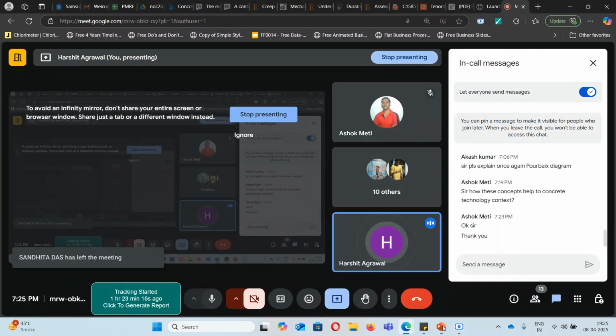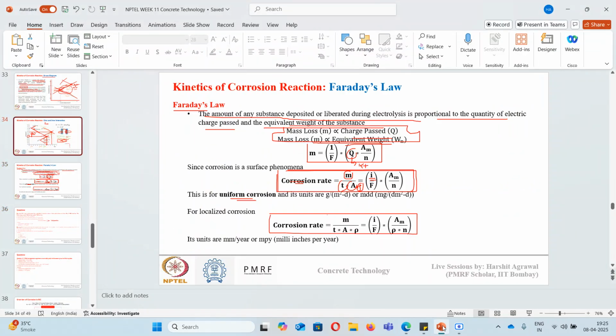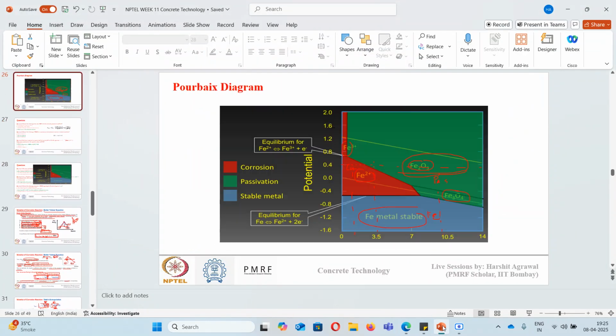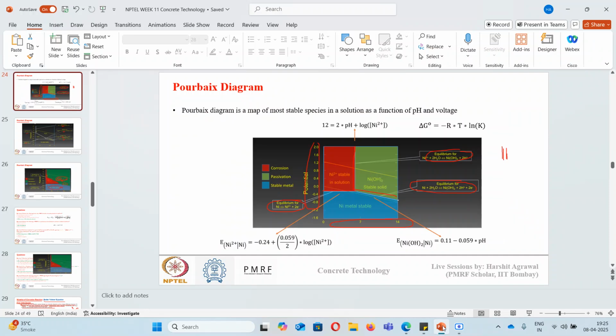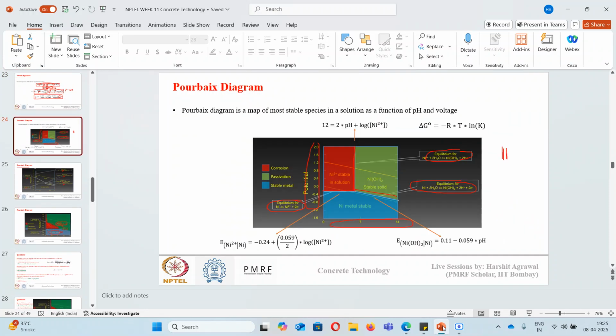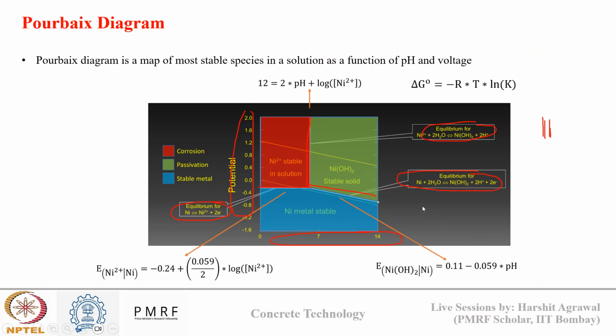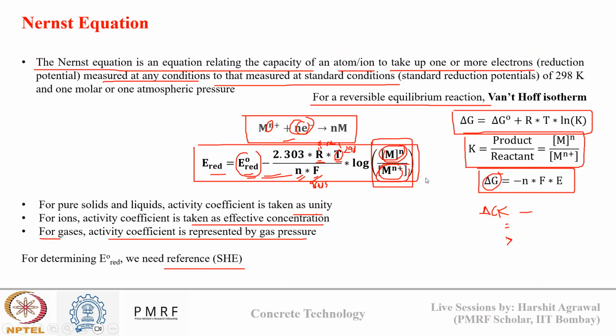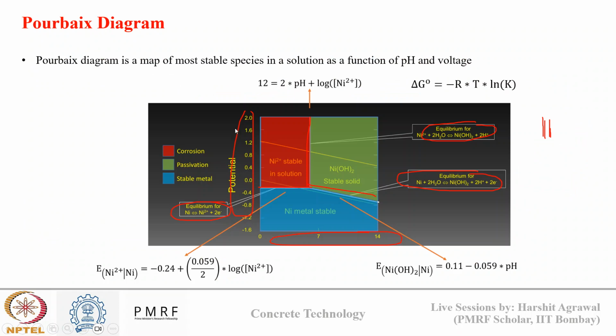Okay, and there was one doubt regarding the Pourbaix diagram. What do we mean by Pourbaix diagram? It is just representing the stability of a system. From the Nernst equation, we found a relationship for how we can predict the electrode potential of a system. Now this Pourbaix diagram maps the most stable species as a function of pH and potential.